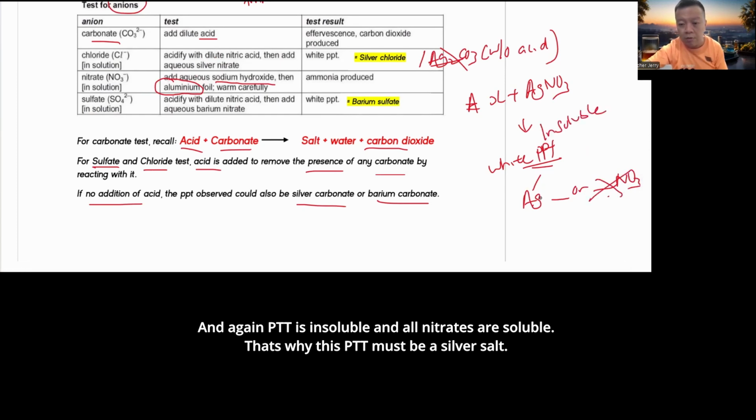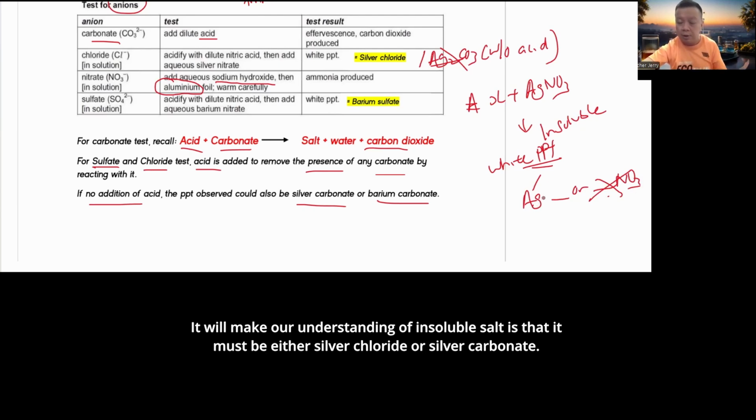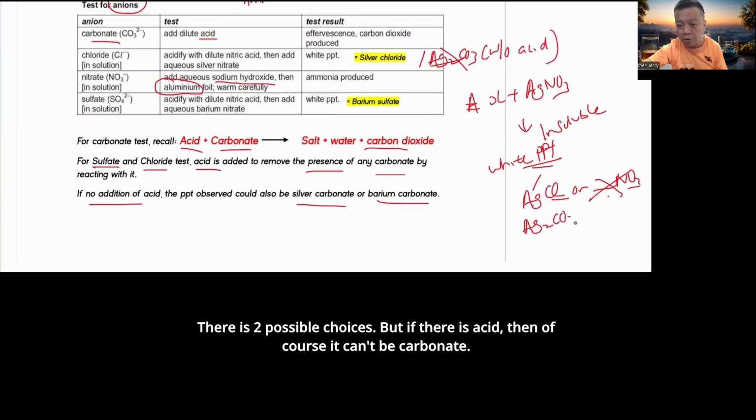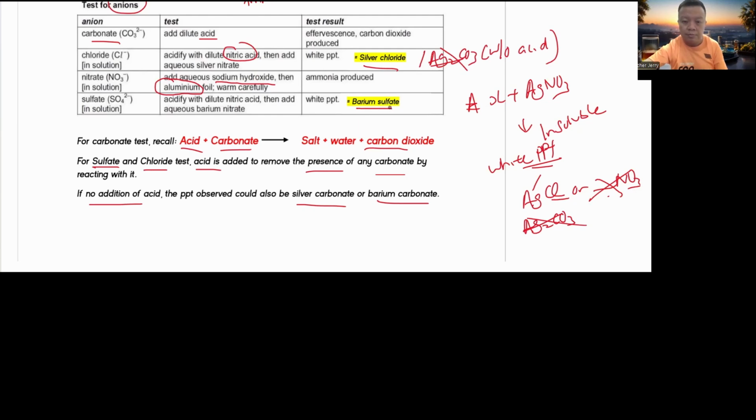So this precipitate must be a silver salt, and from our understanding of insoluble salts, it must be either silver chloride or silver carbonate. There are two possible choices, but if you have added acid, then of course it can't be carbonate. That's why you get silver chloride, the white precipitate, and you can do a similar thing for barium sulfate.